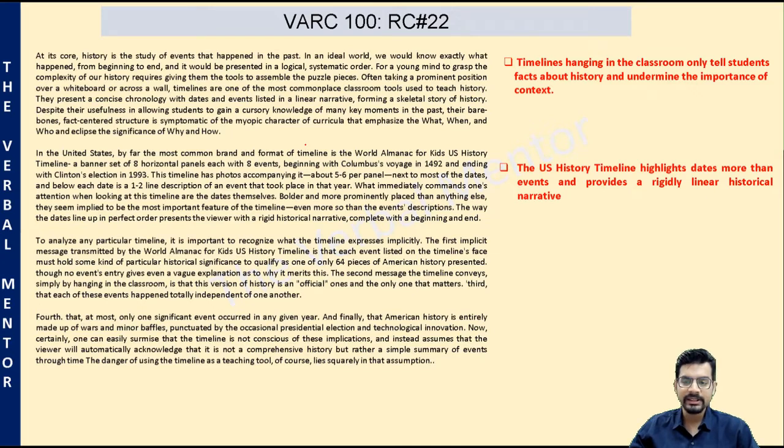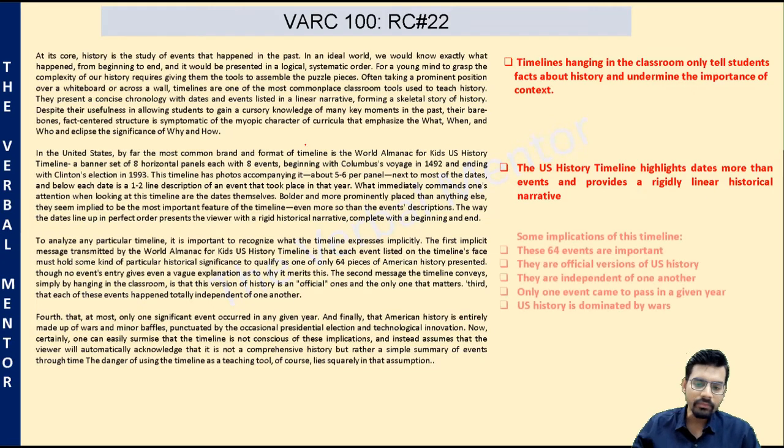The US timelines present events in such a manner that they appear mutually exclusive, which means author probably thinks that these events were not mutually exclusive. That is why he's criticizing the timelines for presenting such an impression.